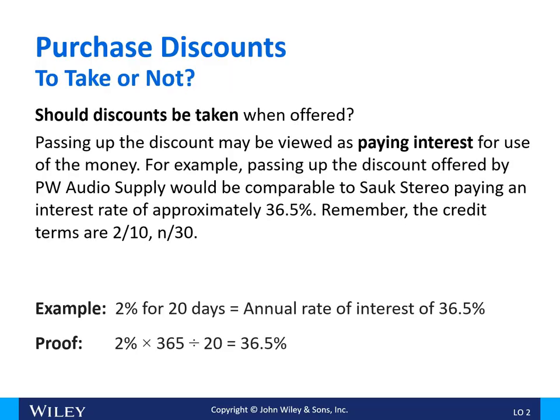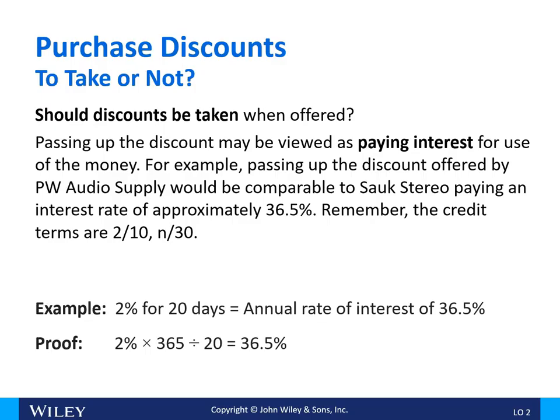All right, now thinking about whether we should take the discounts when offered. If we pass up the discount, you can think of it as paying interest for the use of the money. Passing up the discount offered by PW Audio Supply would be comparable to Sox Stereo paying an interest rate of approximately 36.5%.